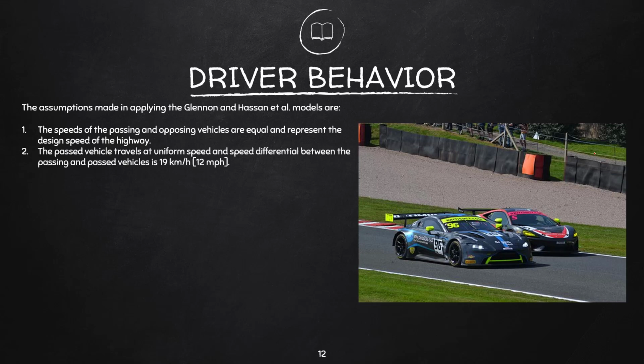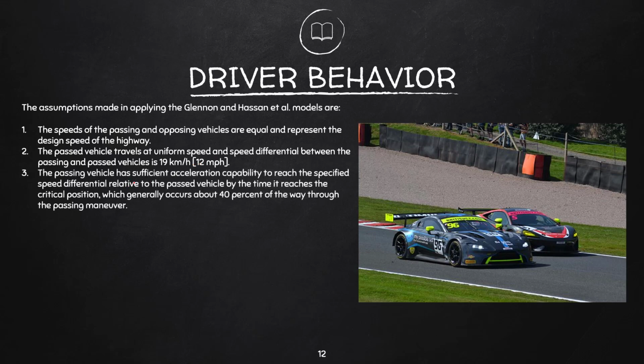Second, the passed vehicle travels at uniform speed, and the speed differential between the passing and passed vehicles is 19 kph. So the passed vehicle is not accelerating, it travels at uniform speed. Third, the passing vehicle has sufficient acceleration capability to reach the specified speed differential relative to the passed vehicle by the time it reaches the critical position, which generally occurs about 40% of the way through the passing maneuver.